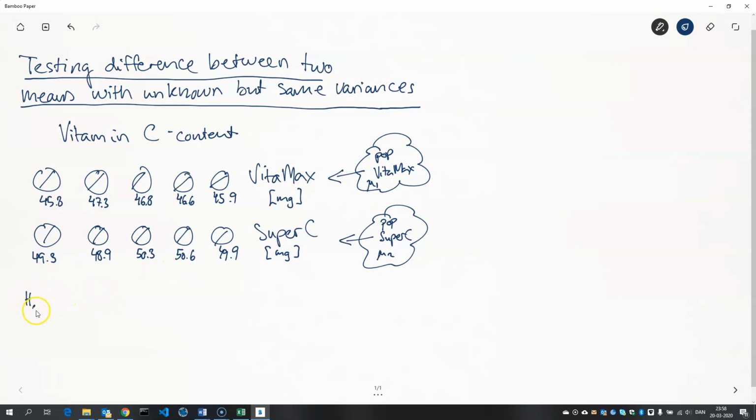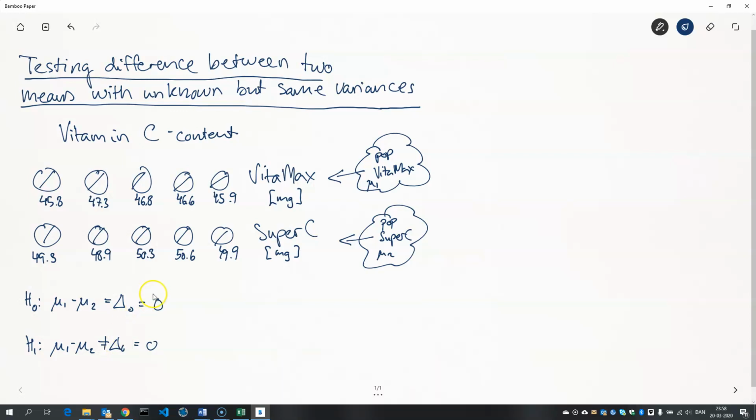So our null hypothesis is about the difference of the two means, and our hypothesis is that the difference is equal to 0. That's a typical hypothesis. It doesn't have to be 0, but that's my choice in this case. And the alternative hypothesis is that the difference between the two means is not 0.